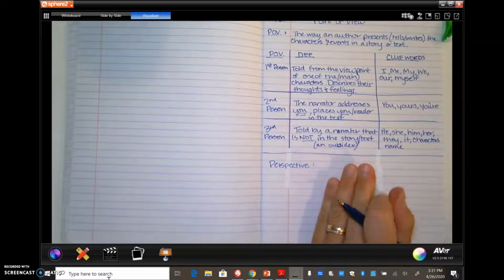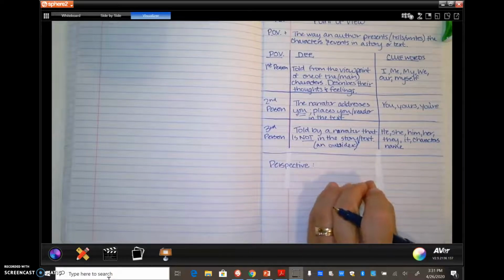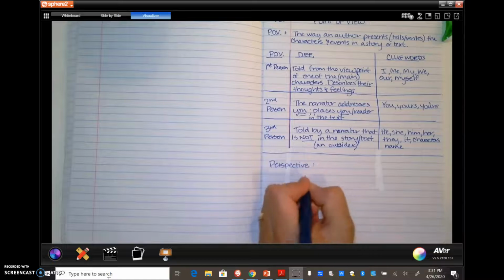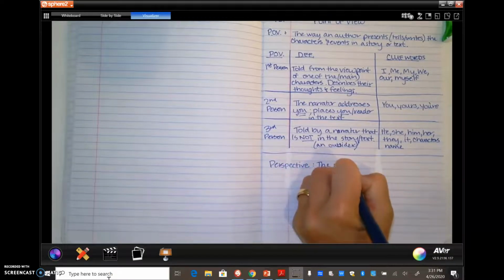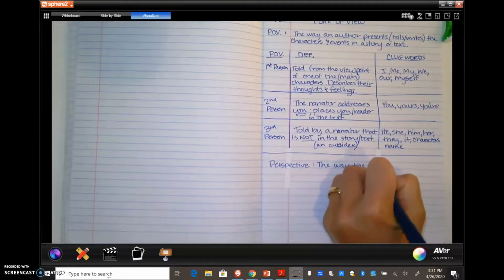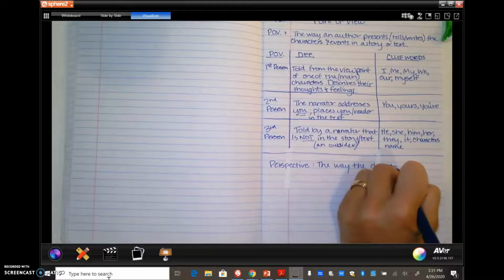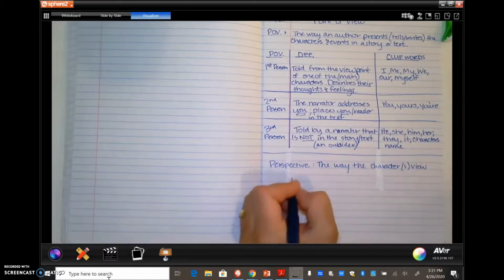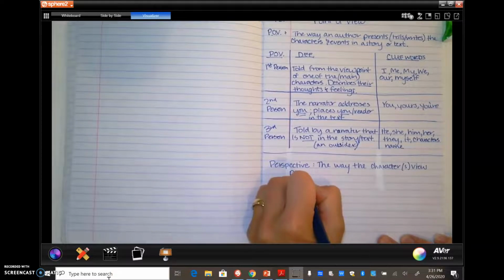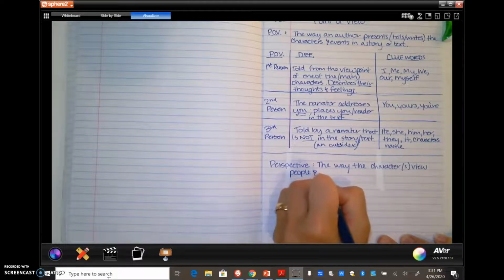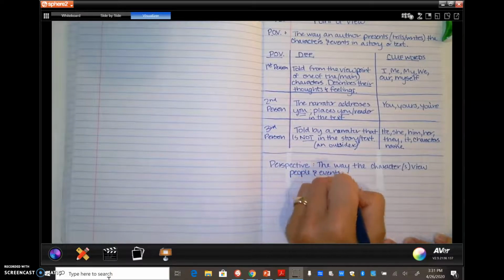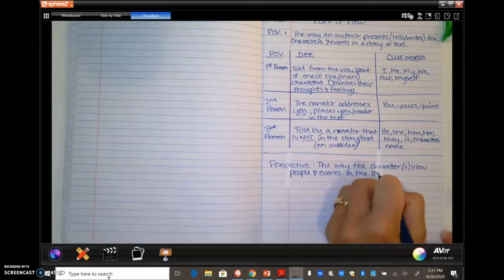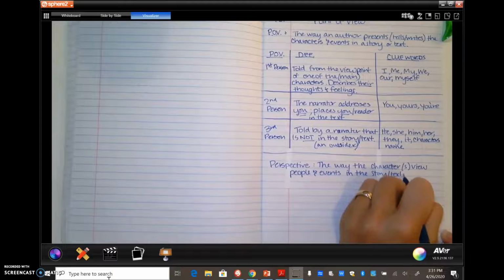Perspective is the way the characters view people and events in the story. It's the lens through the character's eyes. It's looking through their eyes, okay? So the way the character or characters view people and events in the story/text.